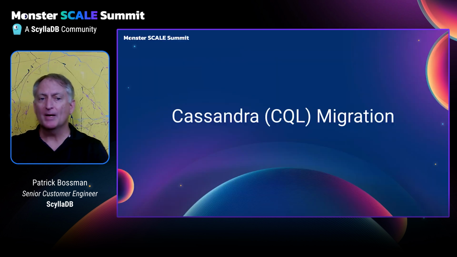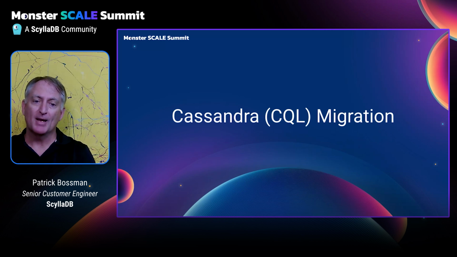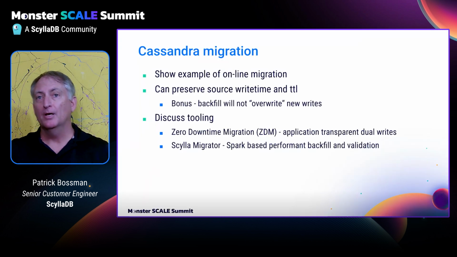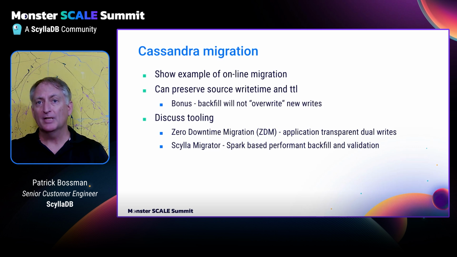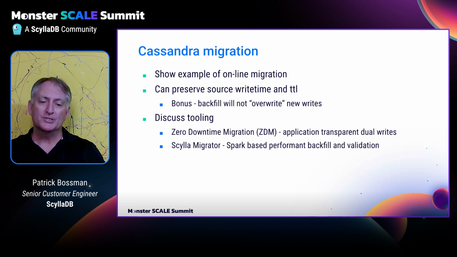The first migration that I'll talk about and use as an example is migrating from Cassandra, a SQL migration, to ScyllaDB. We'll show an example of an online migration. One of the really nice capabilities of Cassandra migrations, and also ScyllaDB migrations, is that we can preserve the write time and the TTL from the source to the target.